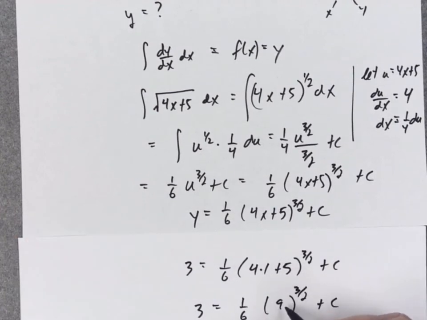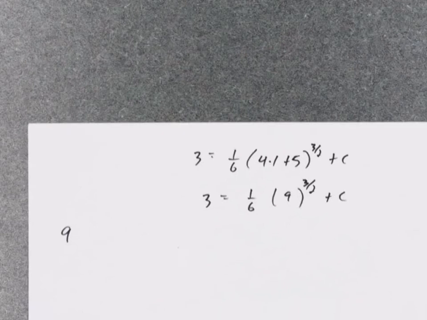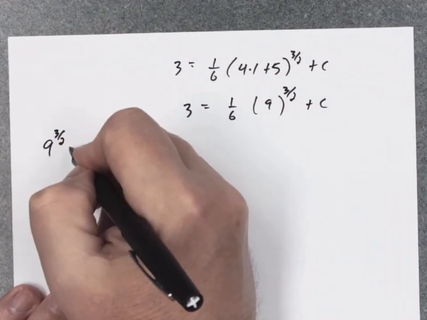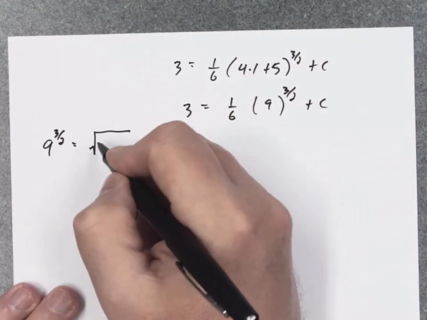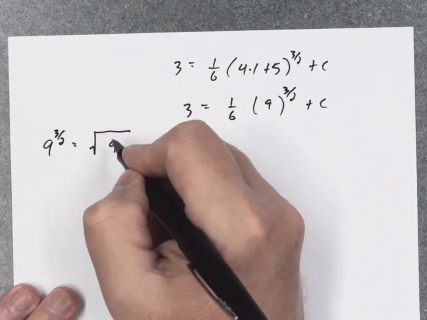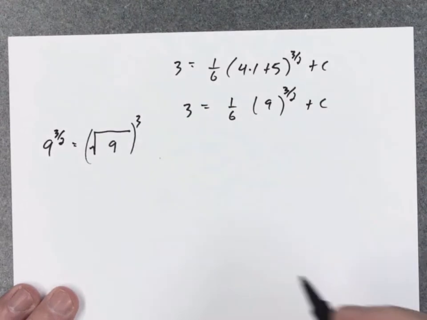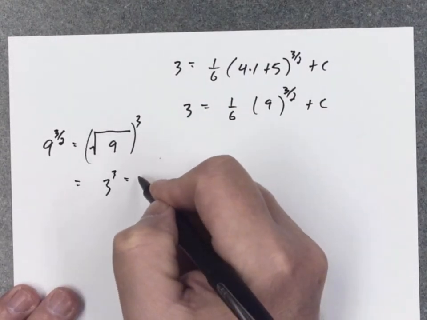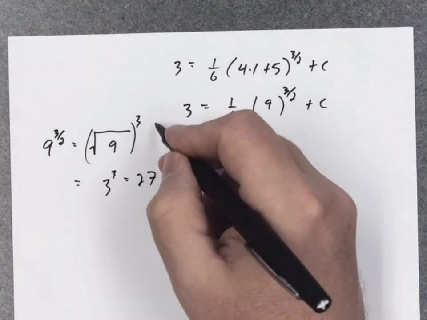Now this is a case where to figure this out, I'm going to figure out what 9 to the 3 halves equals. If you remember your algebra, I'm going to actually convert this back now. Square root of 9, and I'm going to write it like this. Nine to the 3 halves is really 27.